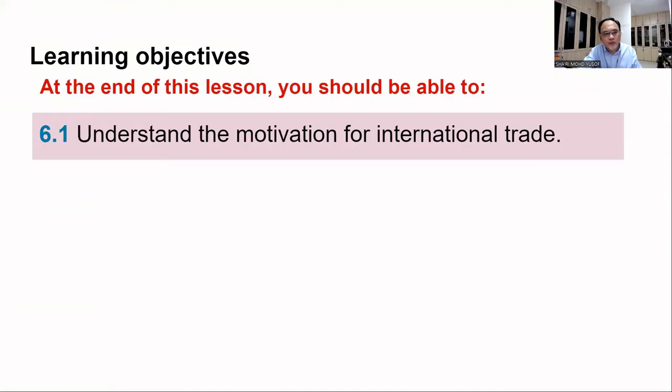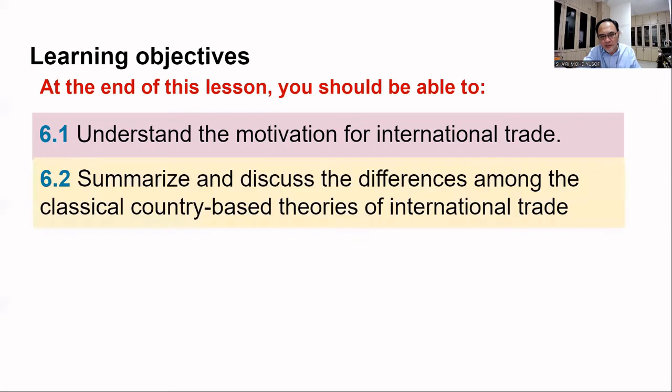At the end of this lesson, you should be able to understand the motivation for international trade. First of all, we need to understand why countries or why companies engage in international trade. And then we are going to look at some classical country-based theories of international trade.